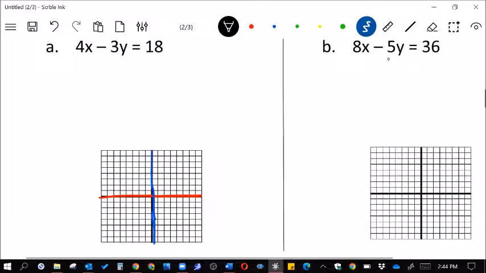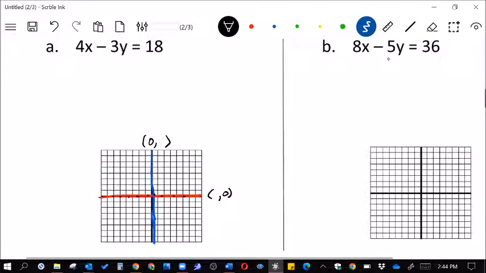Every single point along the x-axis, the y is 0 and the x is whatever the x is. On the up and down vertical line along the y-axis, the x is always 0, and the y is what will change every time. So we're going to find those two.